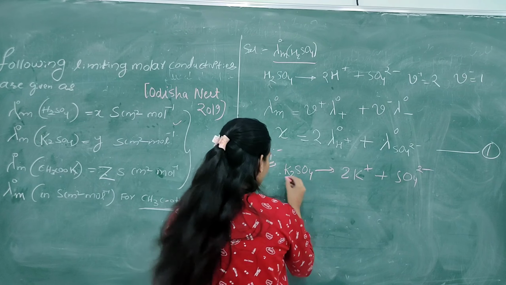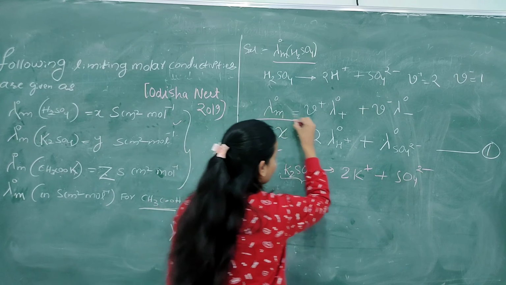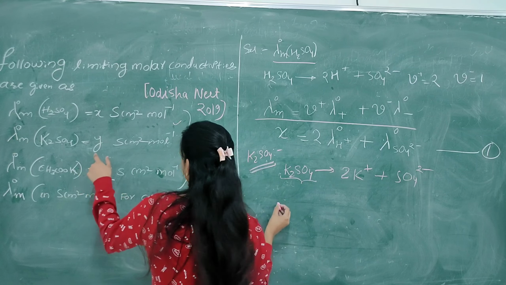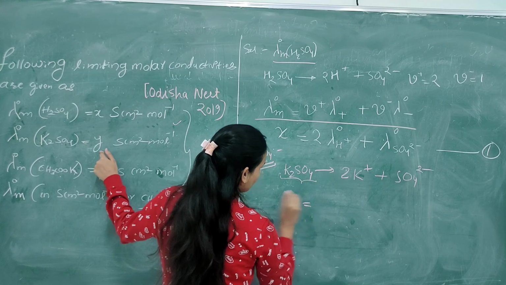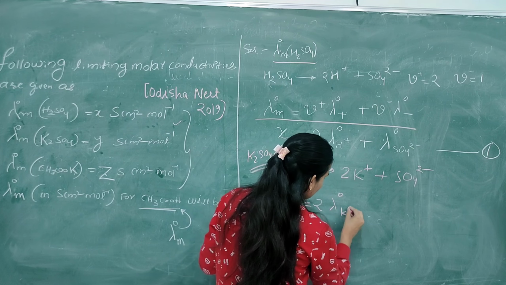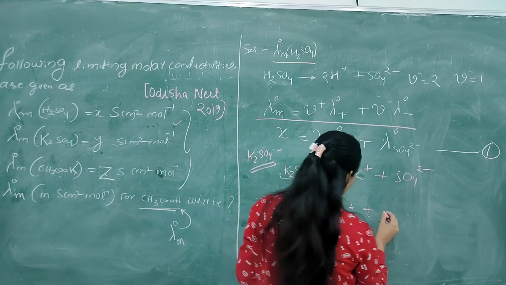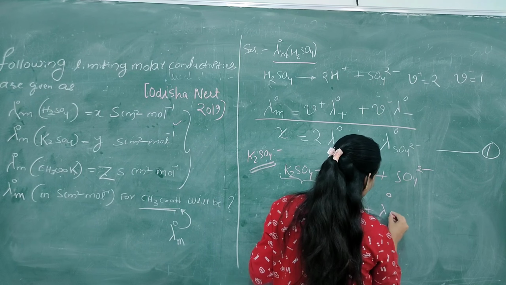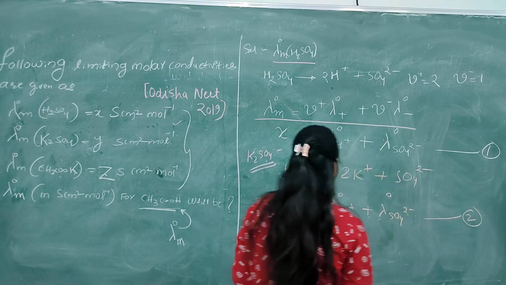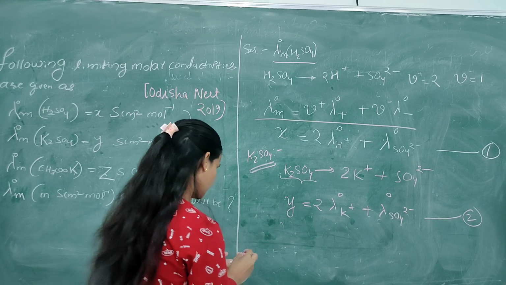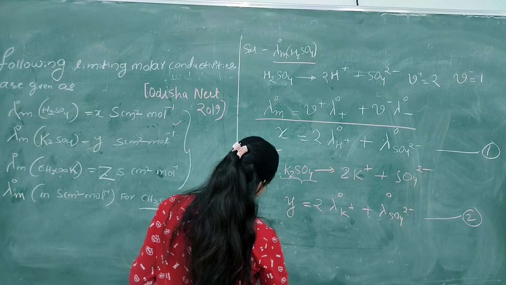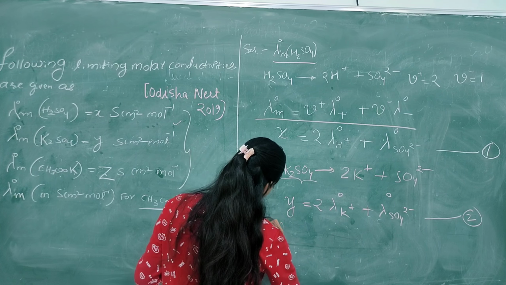Lambda naught m for K2SO4 is given as Y equal to number of cations 2, lambda naught of K positive plus anion 1, lambda naught of SO4 2 negative. This is equation number 2. Similarly, equation number 3 for CH3COOK.